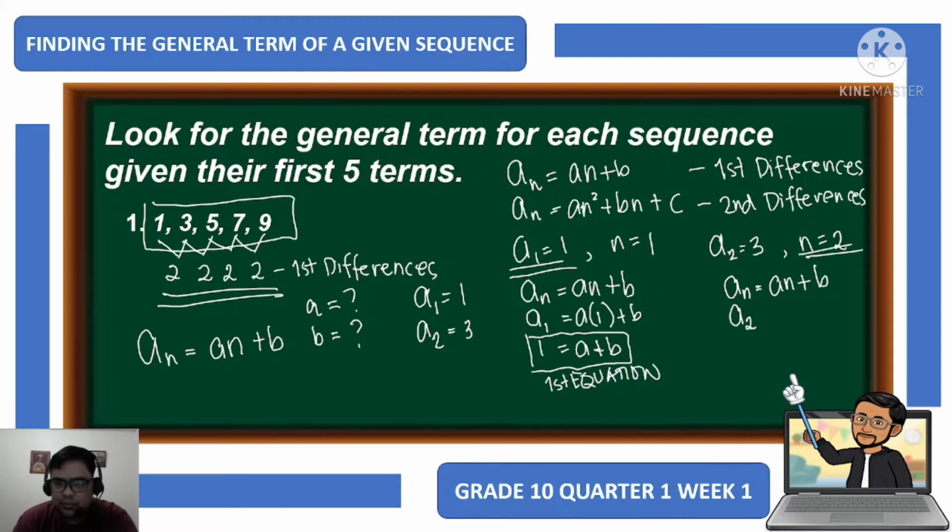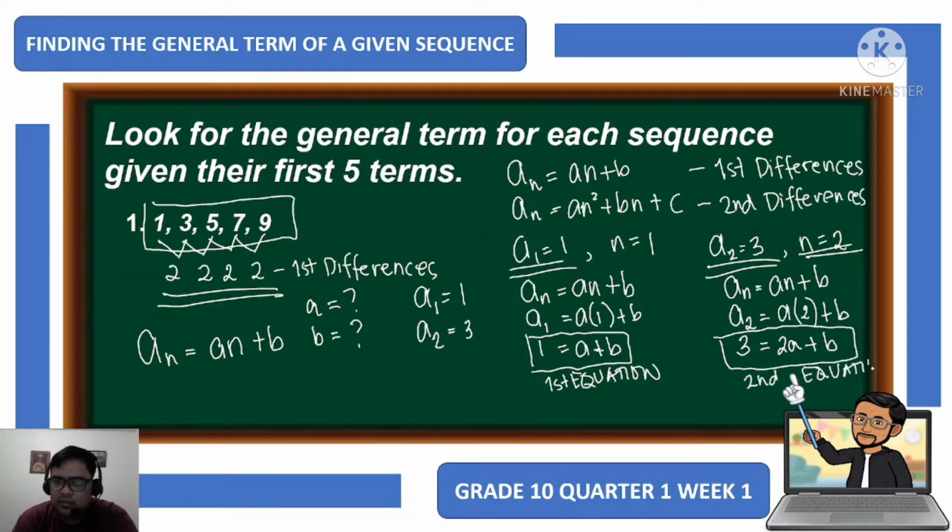So, a sub 2, that would be equal to a multiplied by 2, plus b. Then, this time, we know that a sub 2 is equal to 3. So, substitute yan. So, 3 is equal to 2 times a, 2a, plus b. So, therefore, this would be our second equation.